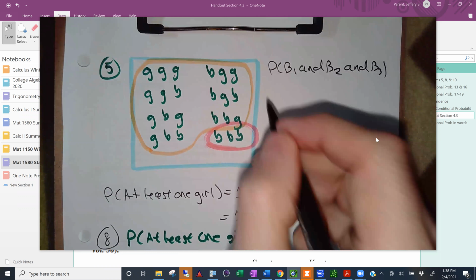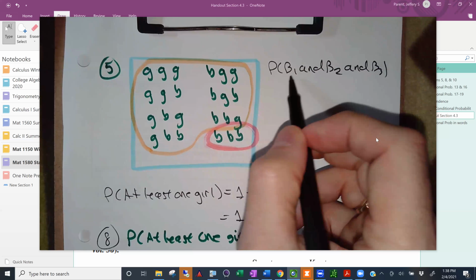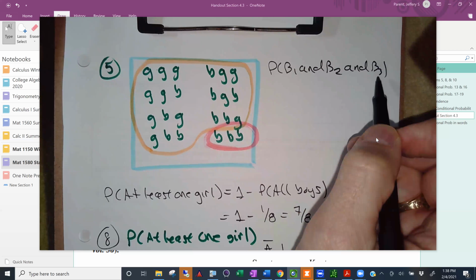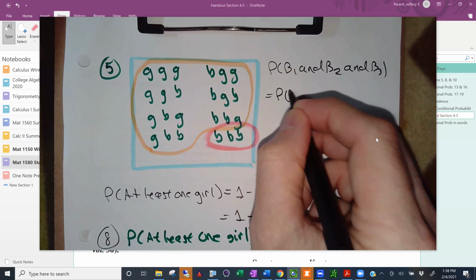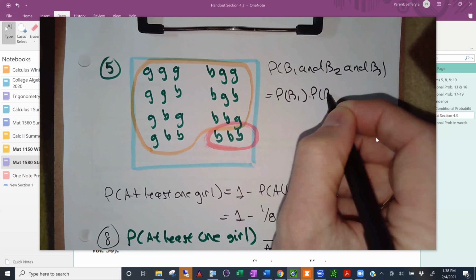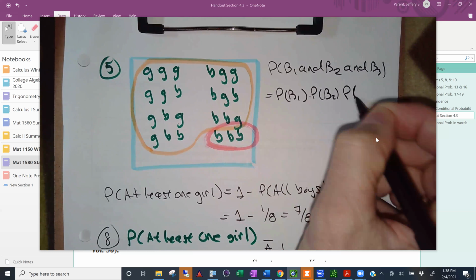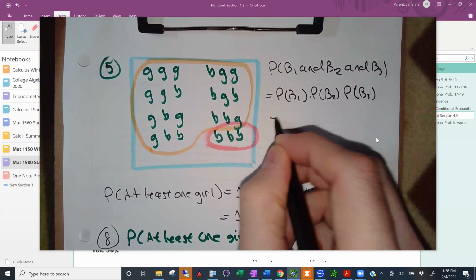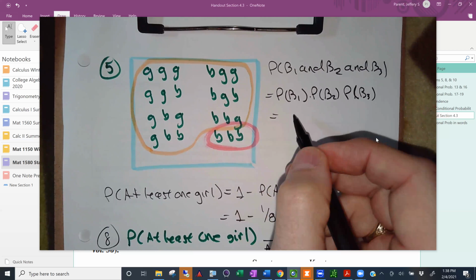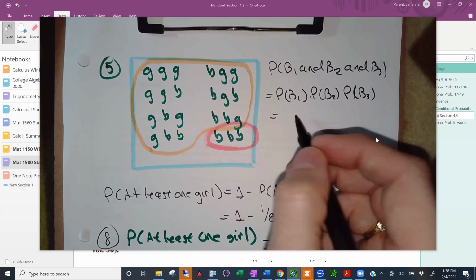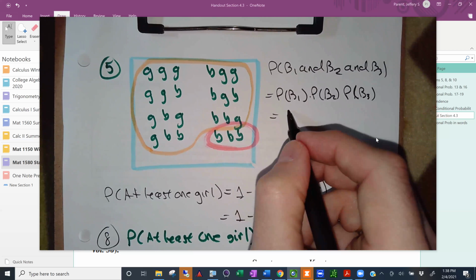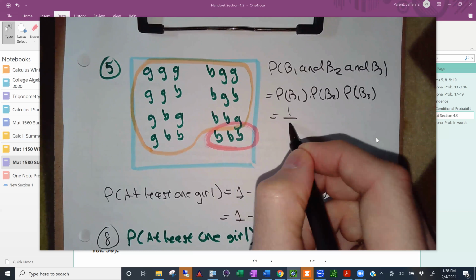So what's that? Well, because each of these are independent of the other, I can write that as probability of B1 times probability of B2 and the probability of B3. Now, keeping things simple, what's the probability of a boy when a couple has a baby? 1 out of 2.